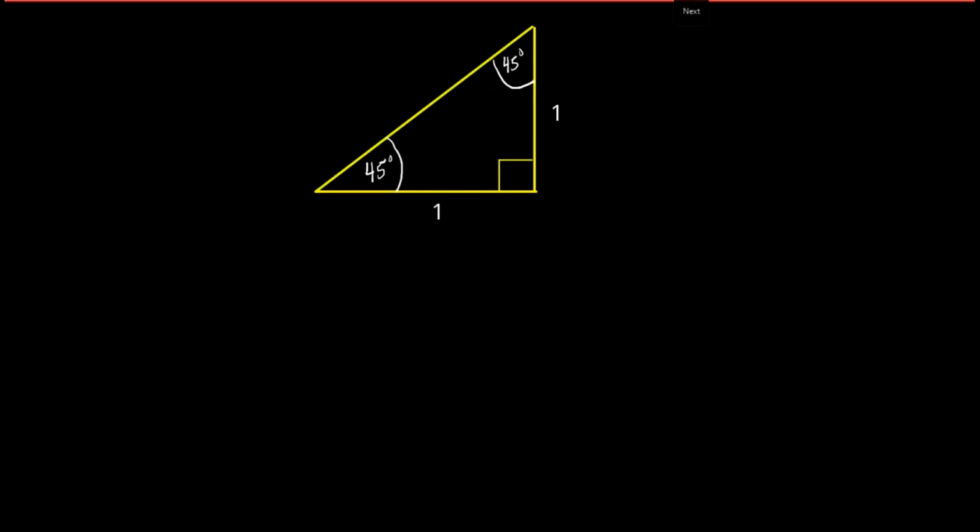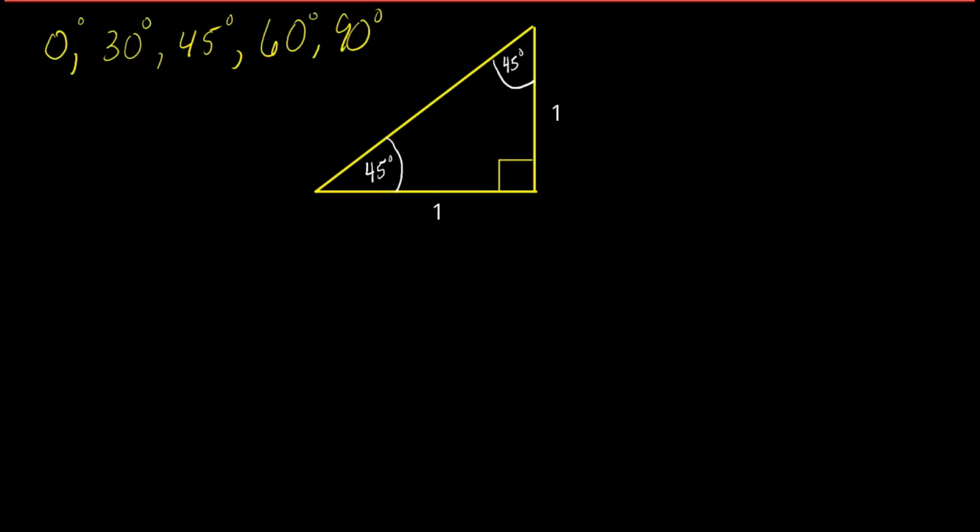The most common angles used are 0 degrees, 30 degrees, 45 degrees, 60 degrees, and 90 degrees. In the next couple slides, we will work triangles using these angles. All right, so the first one here is an isosceles triangle, or a 45-45.